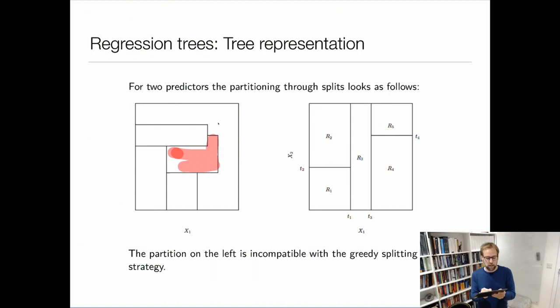If I follow this greedy rule, I could get something like this if I did any partitioning, but with this greedy procedure I can't get something like this, because I'm always splitting by saying whether something is below or above in this direction, then below or above in that direction, and so on. I will never get a funny shape like this, as you can easily convince yourself if you do this slicing in this form.